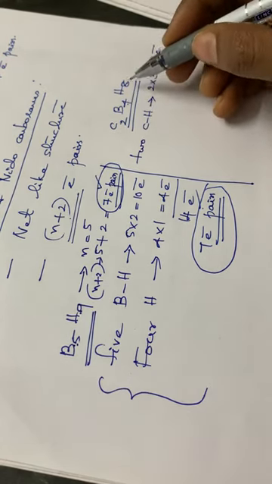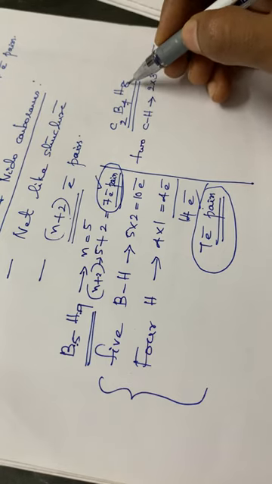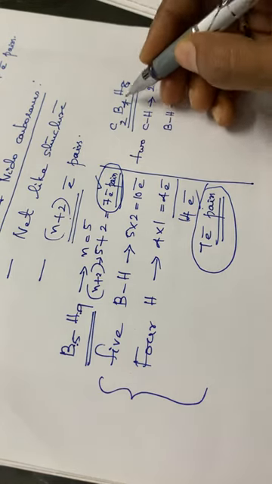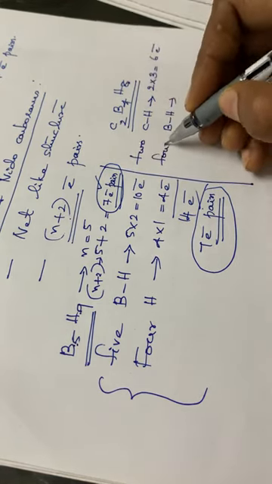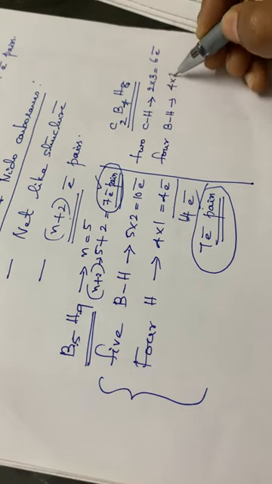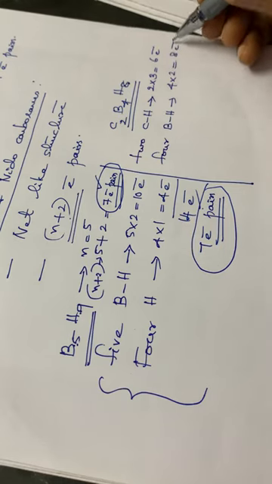Then the remaining here will be H6, isn't it? Then how many BH units are there? B4H4, isn't it? So 4 BH units are there. That means it will be 4 into 2. Each BH unit will be donating 2 electrons. So 4 into 2, 8 electrons.